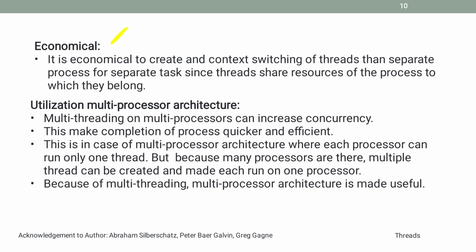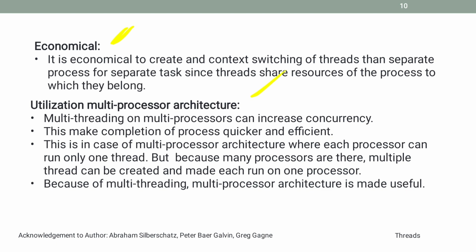If there were three separate processes, then three code, data and file sections would be created separately, which is not economical. But with a single process, the three threads performing three tasks is more economical because all three threads will be utilizing only one set of code, data and file sections. Okay. So that is why multi-threaded programming is economical.